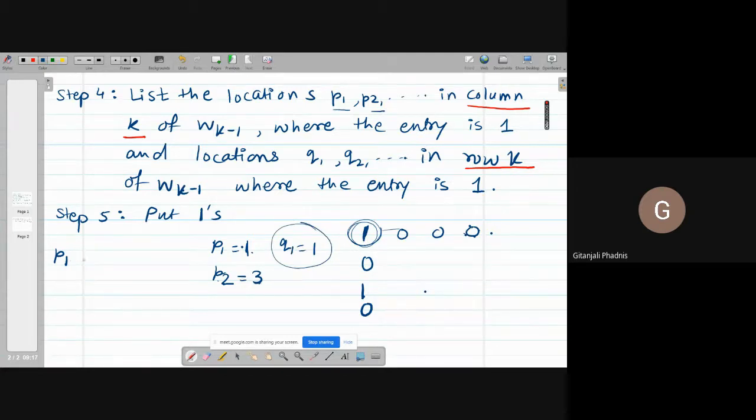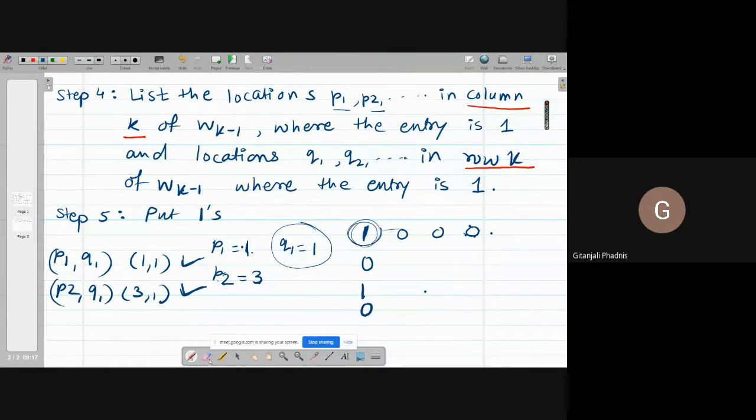Now I will form all possible ordered pairs from P to Q. So what is the first ordered pair? P1 Q1, that is 1 1, and the second ordered pair is P2 Q1, that is 3 1. So these two locations, if they are not 1 already, then I will make them 1.